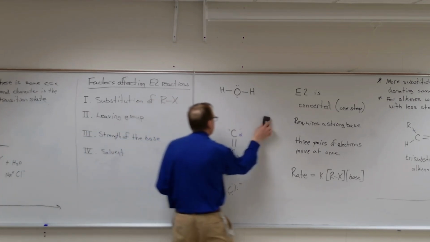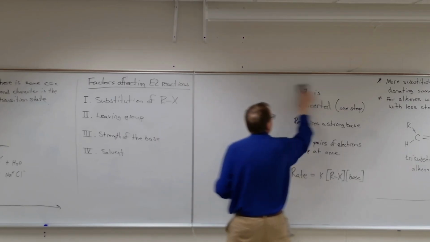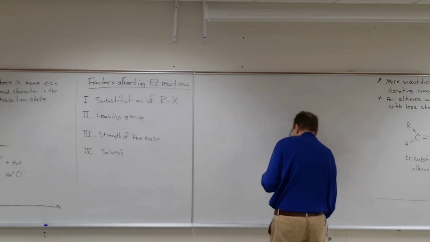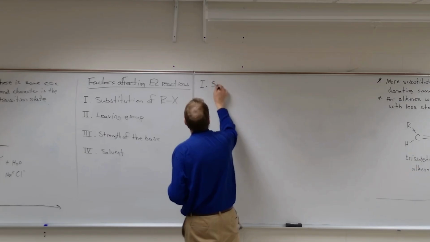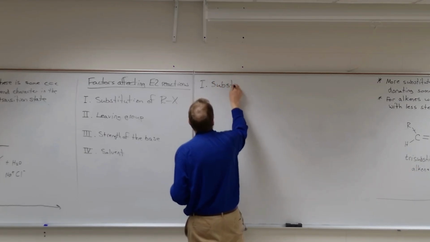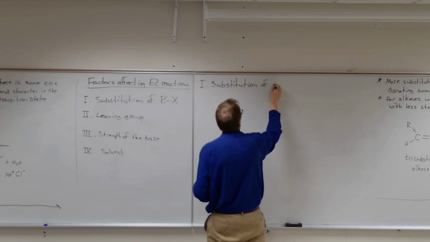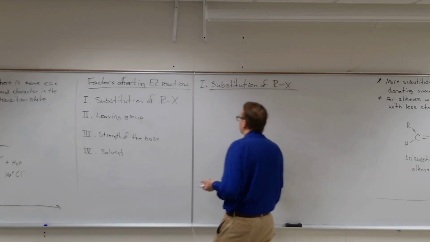So the first one listed here is substitution of the alkyl halide, and that goes like this. So property number 1, substitution of RX, and here is the way that it works.